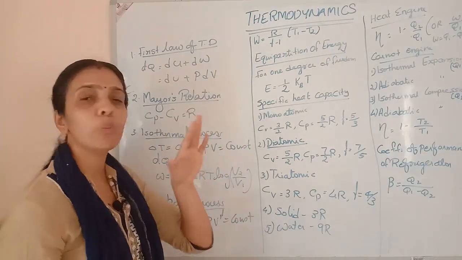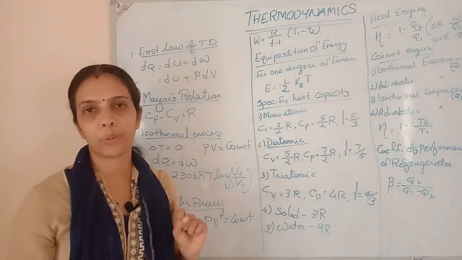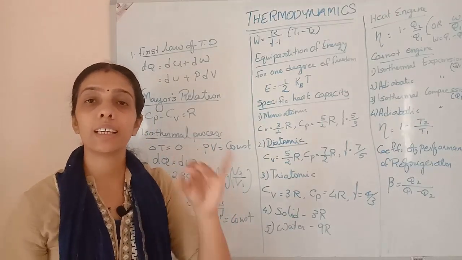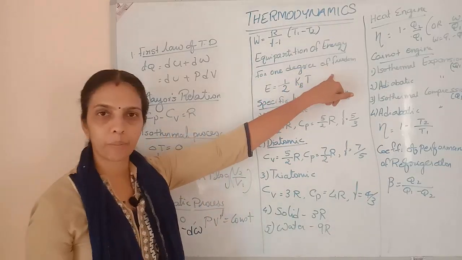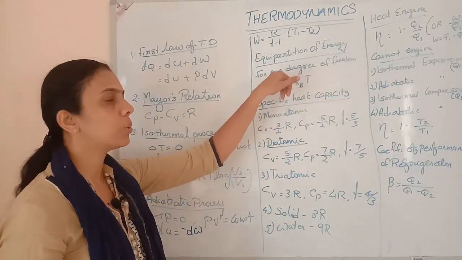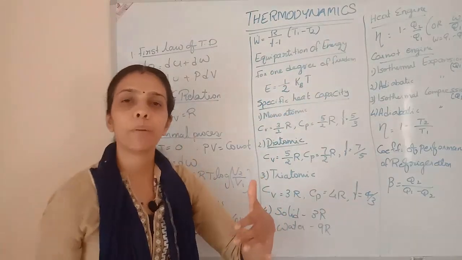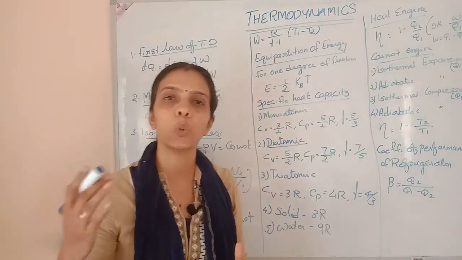Next is equipartition of energy. Energy is equally distributed. That is, for 1 degree of freedom, energy will be equal to half kBT. Then if it is 3 degrees of freedom, the total average kinetic energy per molecule is 3 by 2 kBT.